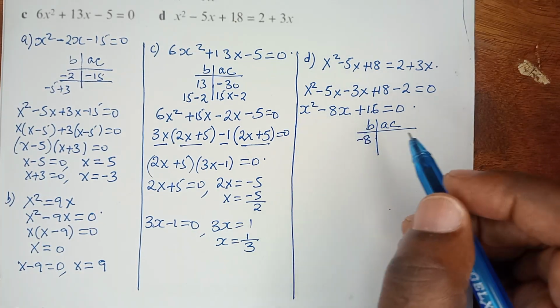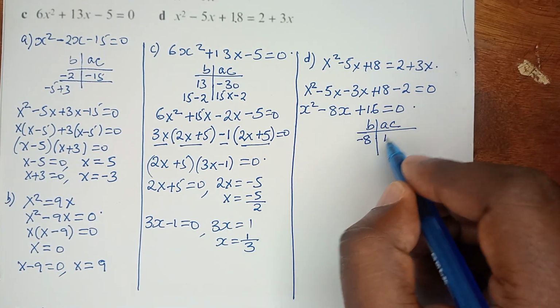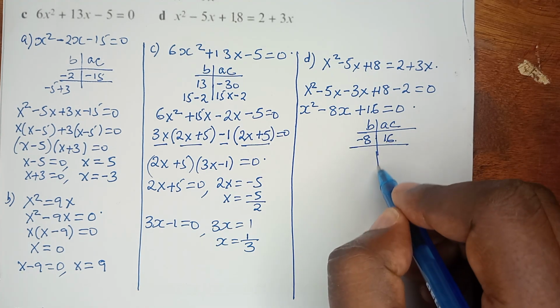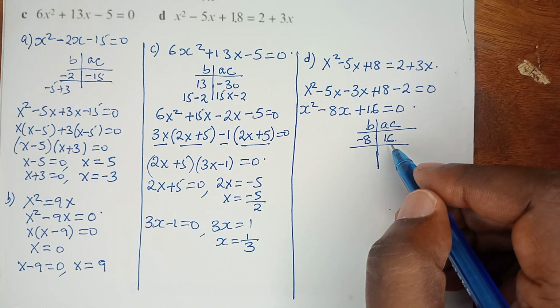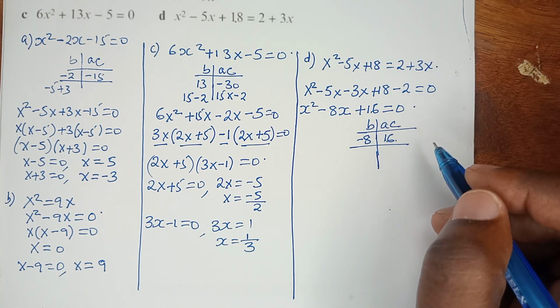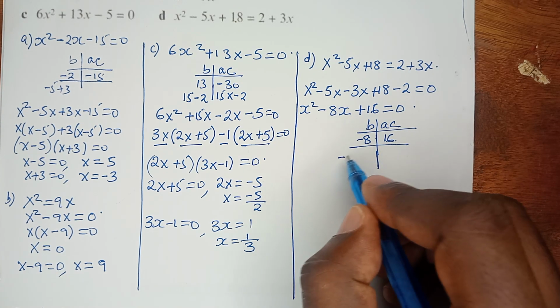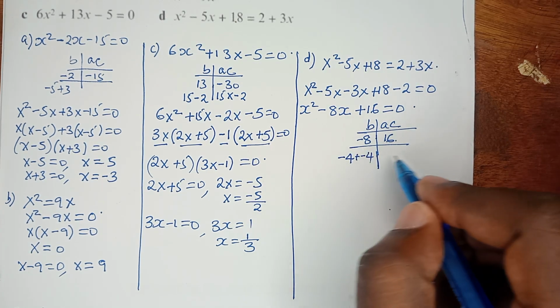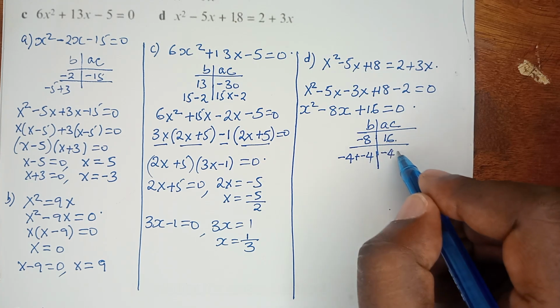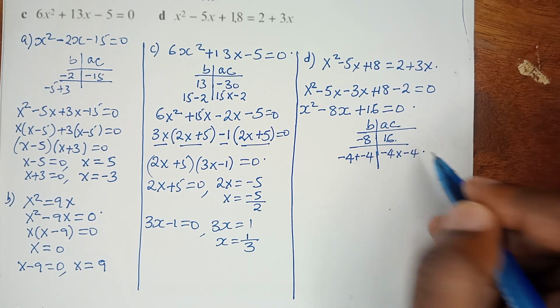Our AC is 16, as you can see. Two numbers we multiply, they give us positive 16, and we add, they give us negative 8. This is definitely minus 4 plus minus 4, minus 4 times minus 4.